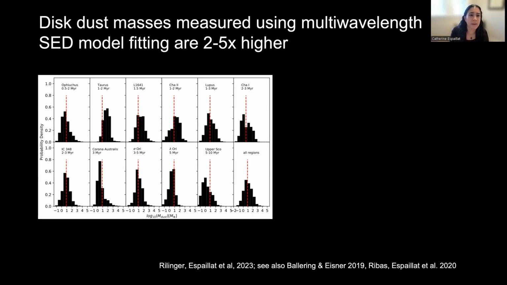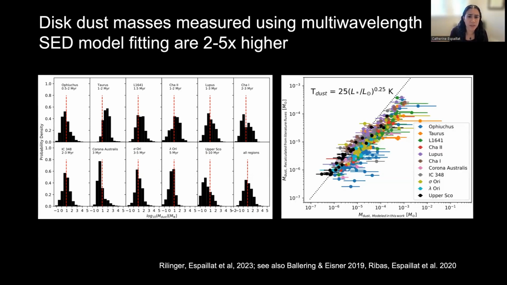And in this right figure, we're comparing the masses that we derived using the broadband SED, so using multiple wavelengths. The X is the dust mass from our study using multi-wavelength SED modeling, and the Y-axis is the literature dust masses that were obtained using just the 1 millimeter point.